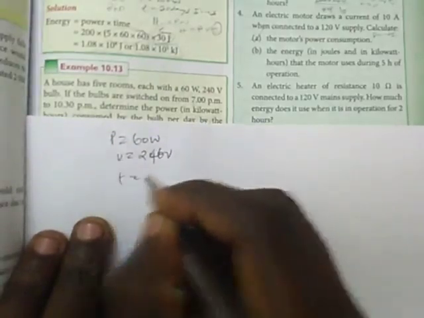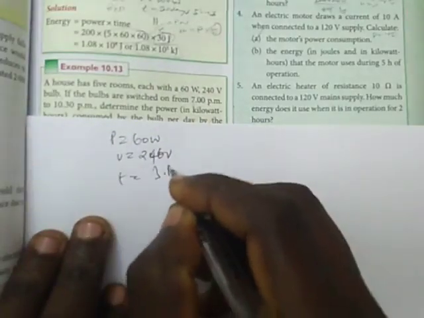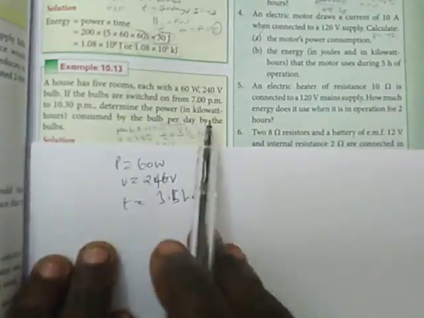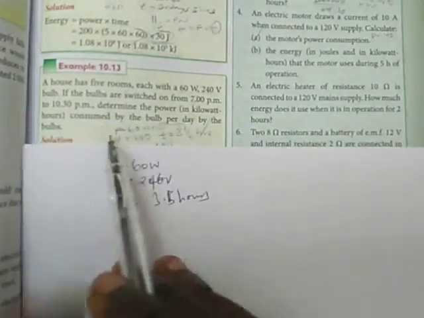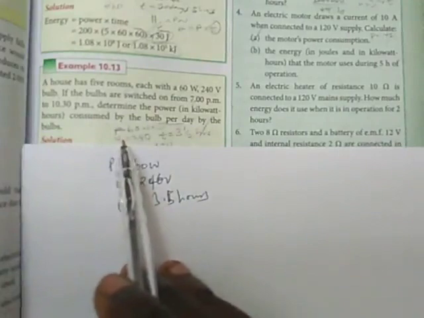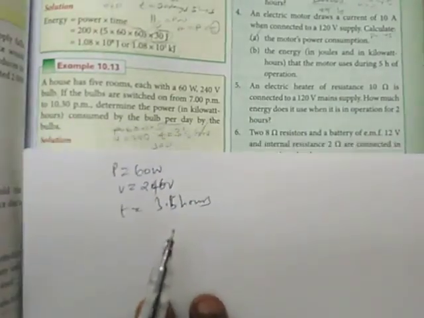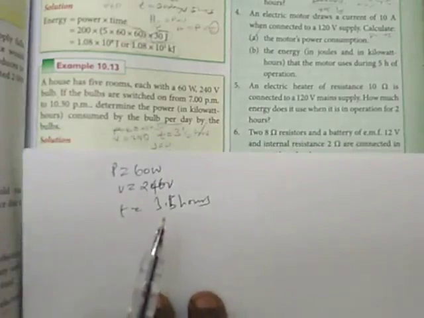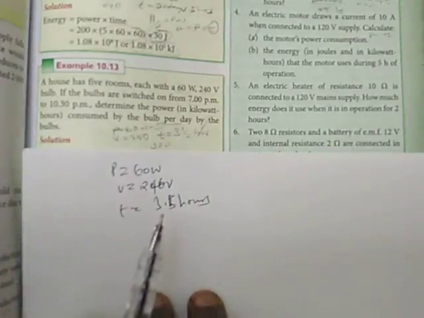Hii ukitoa ile pale utapata masaa 3.5. Time is equal to 3.5 hours. Determine the power in kilowatt hour consumed by the bulb. Bulb ina consume power kiasi gani in kilowatt hour?